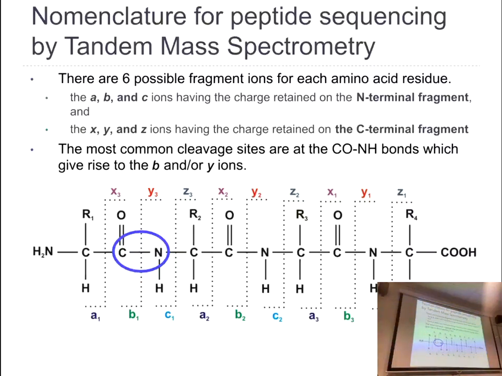So Y1 ion is K. The Y2 ion is WK, the Y3 ion is TWK, and the Y4 ion is ITWK.